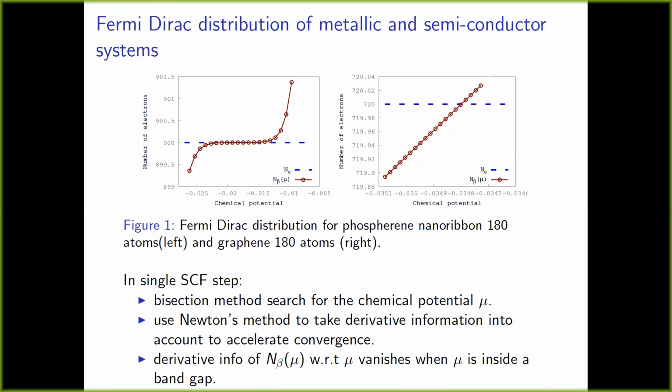For example, if we have this X-range as the searching range, at first we calculate this middle point of mu here, and then it becomes the lower bound, and then we calculate the second point in here. So after several iterations, we can get the correct mu for this single SCF step.